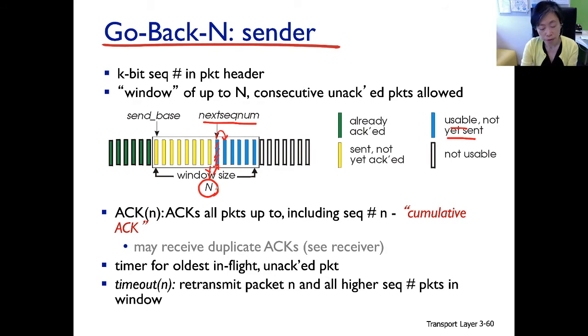But be careful though. There will be scenarios where all these blue ones are actually yellow, meaning the sender does have a large message to send and we are actually exhausting the entire window size to send the message already. In that case, the next seq num will be pointing here at a blank packet.